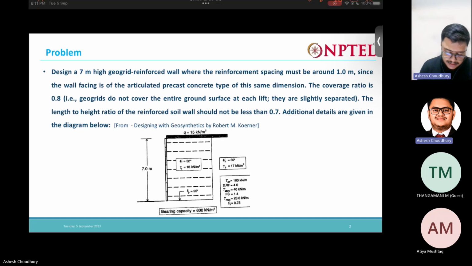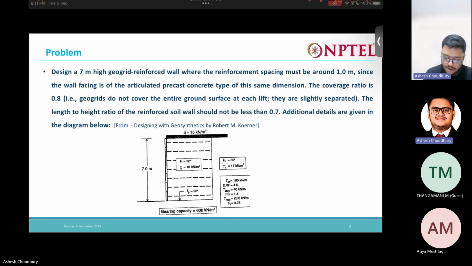The problem says: design a 7-meter high geogrid reinforced wall where the reinforcement spacing must be around 1 meter, since the wall facing is of articulated precast concrete type of the same dimension. So why 1 meter spacing?